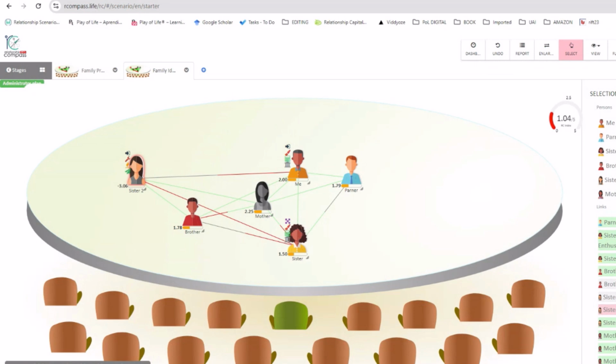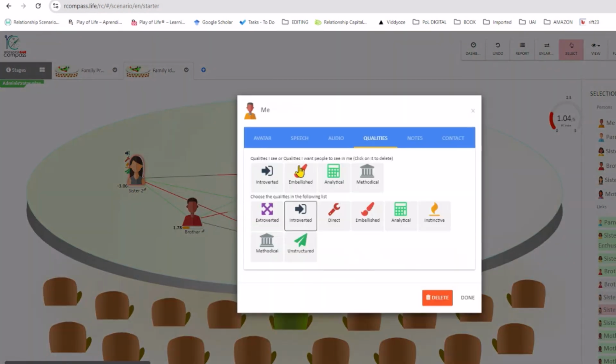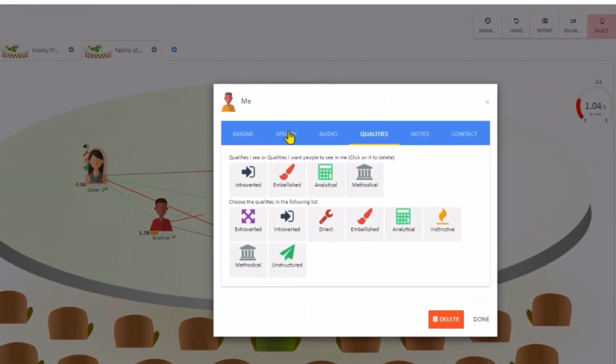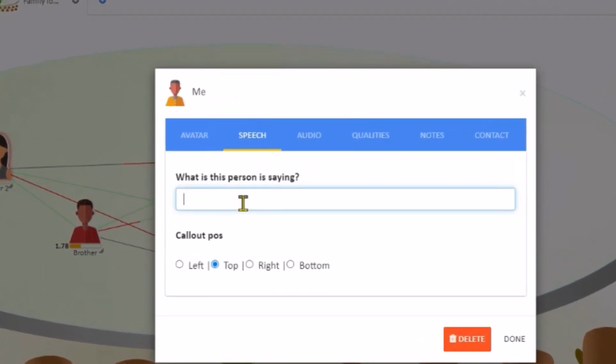It's just me dropping my expectations of her and being more open to her. So with that comment, you can press here and go to speech, for example, and say what I'm saying. So I need to understand, accept her. What did you say? To accept her for who she is.